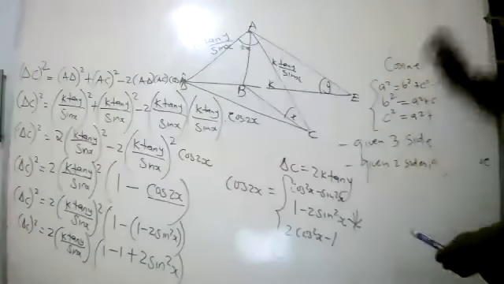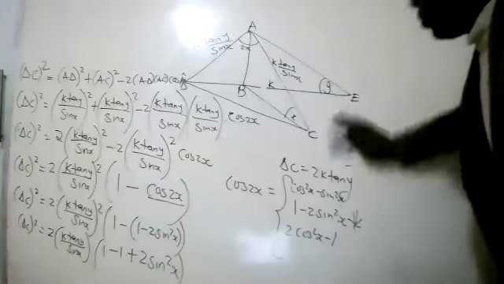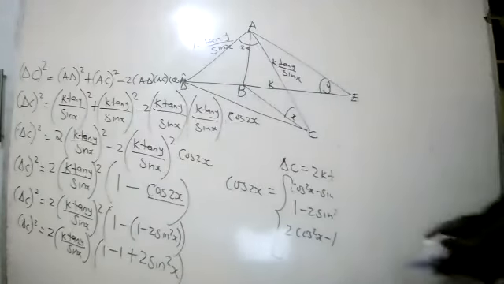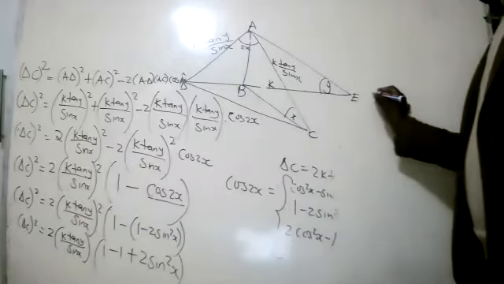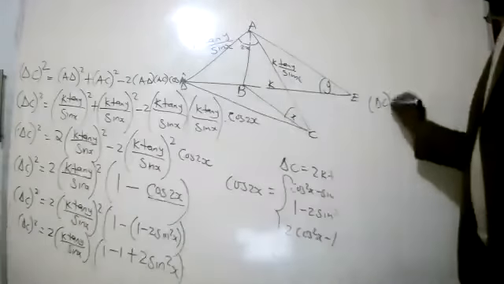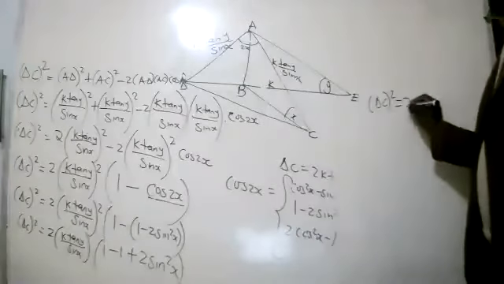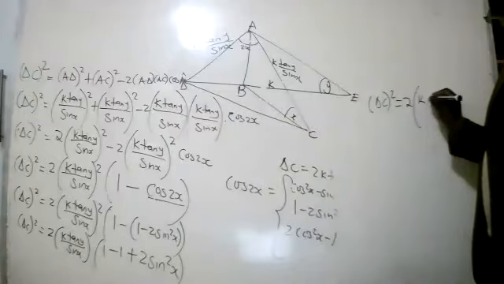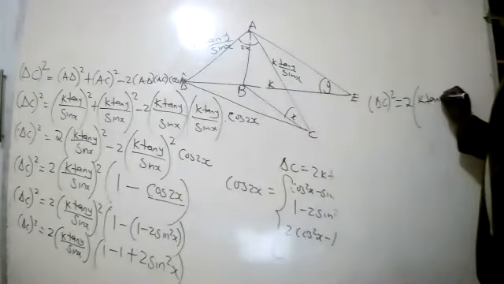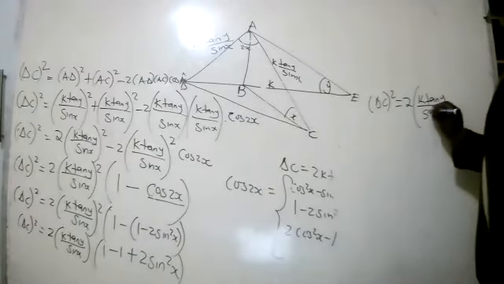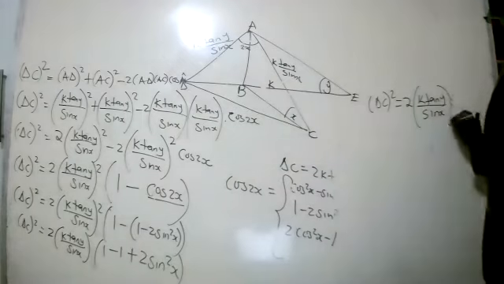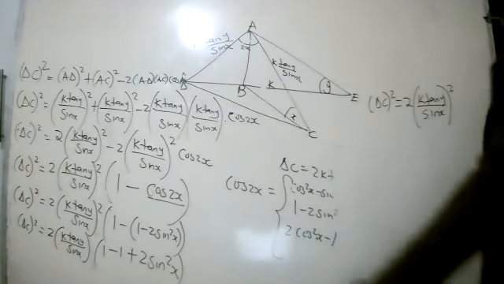So let me write this now. We are going to have DC squared, which is equal to 2 into k tan of y all over sine of x, that is having a square like that.